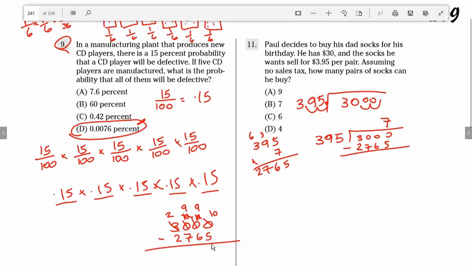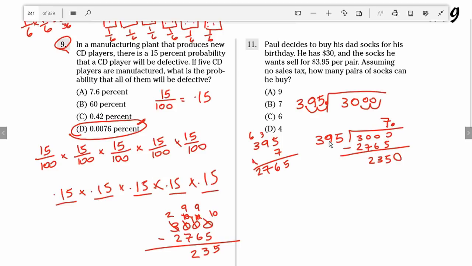So this is 10 minus 5, which is 5. 9 minus 6, which is 3. 9 minus 7, which is 2. And 2 minus 2, which is 0. So this is 235. Does 395 go into 235? It doesn't. So I have to add a 0. When I do that, I have to put a decimal up there.